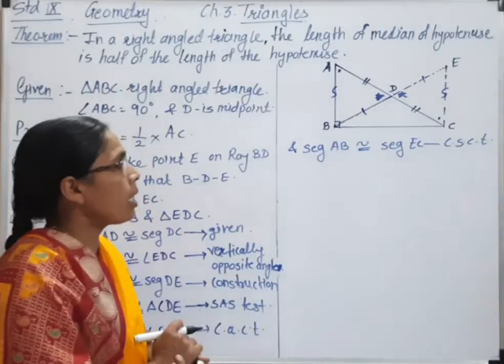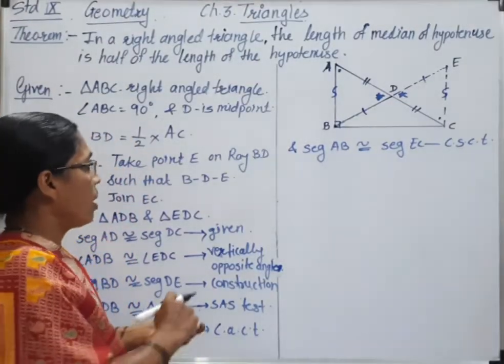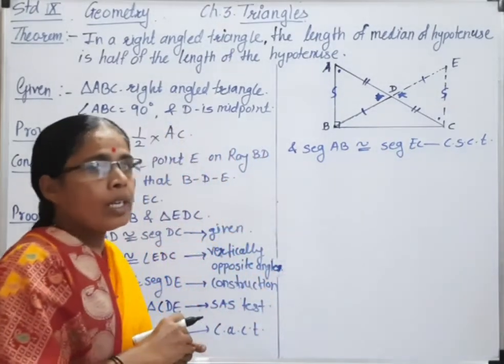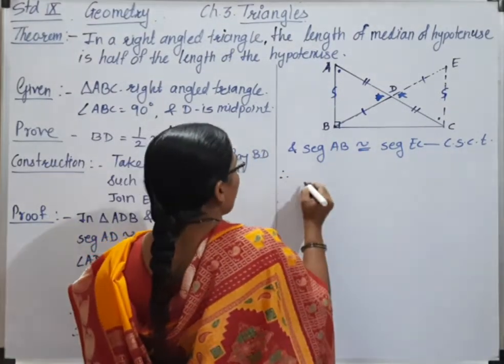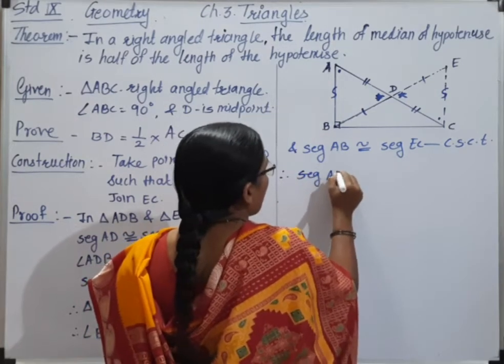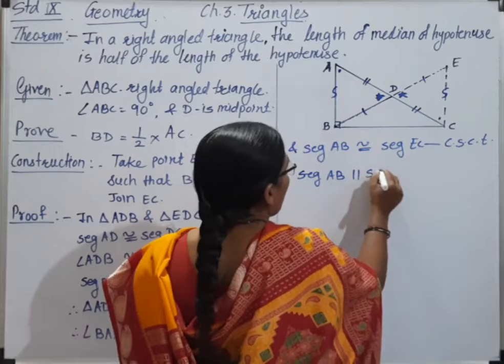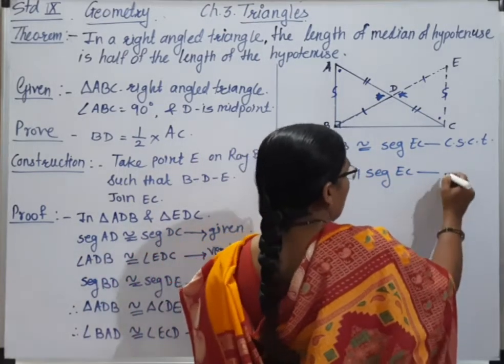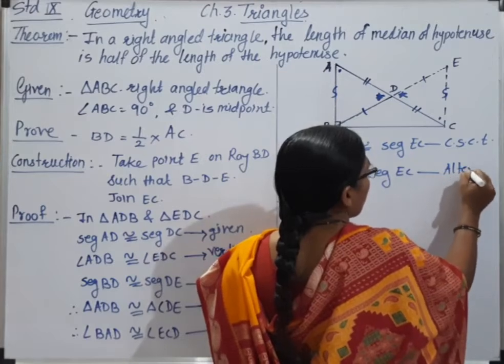And if alternate angles are congruent, then these sides AB and EC are parallel to each other, and therefore we can write segment AB is parallel to segment EC by the alternate angle test.